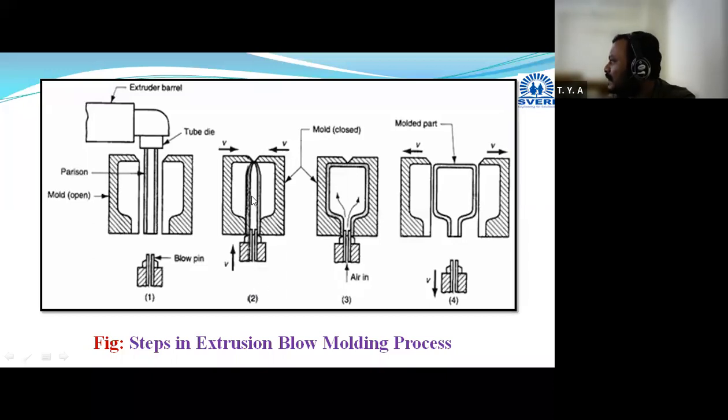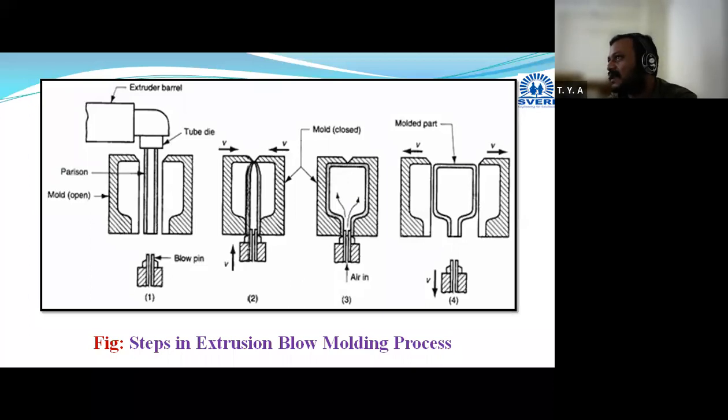Then as air is blown, what will happen here? As this is the opening, that air will force the Parison material against the mold cavity walls, and simultaneously cooling will be done. Due to that, it will get solidified.